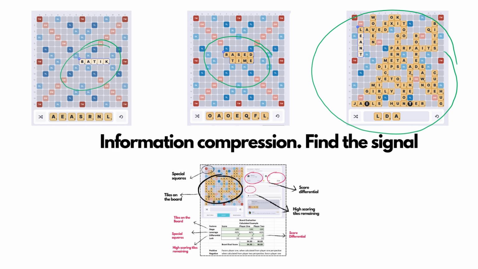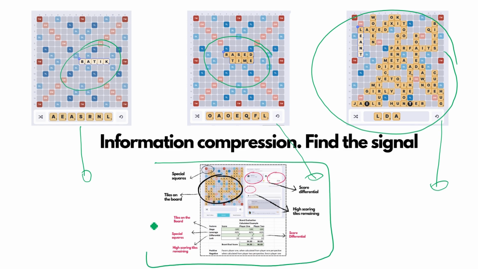Can I identify a signal that encompasses the essence of this board, that summarizes the essence of this board? And at the same time, as the state of the board transitions, as the state of the players, the tiles, the rack changes, it tracks those transitions successfully, effectively, in such a fashion that I can calculate and estimate the probability of winning or losing the game. And that, in essence, was our board evaluation algorithm.